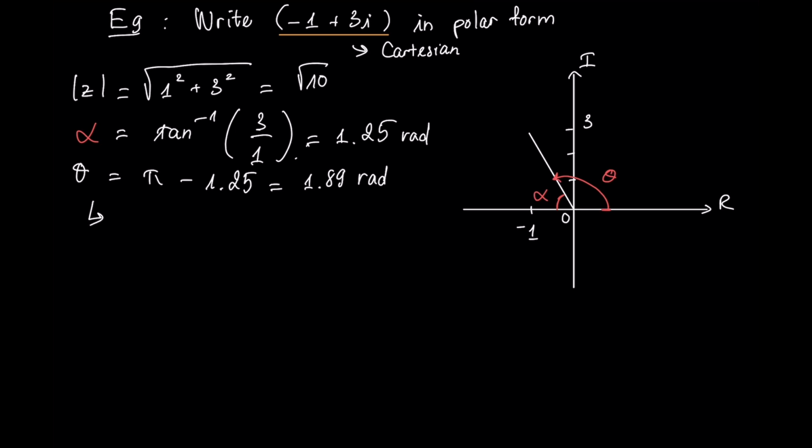So from here we can write it in the polar form. Square root of 10 times cis 1.89 radian. So from here, we just need to note that the argument is the angle that the complex number makes with the positive axis of the real part.